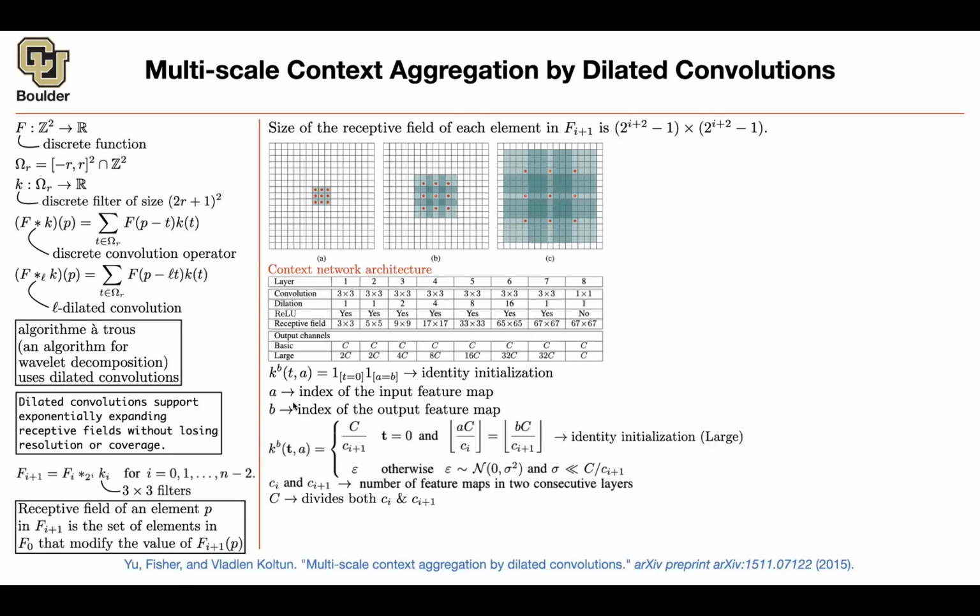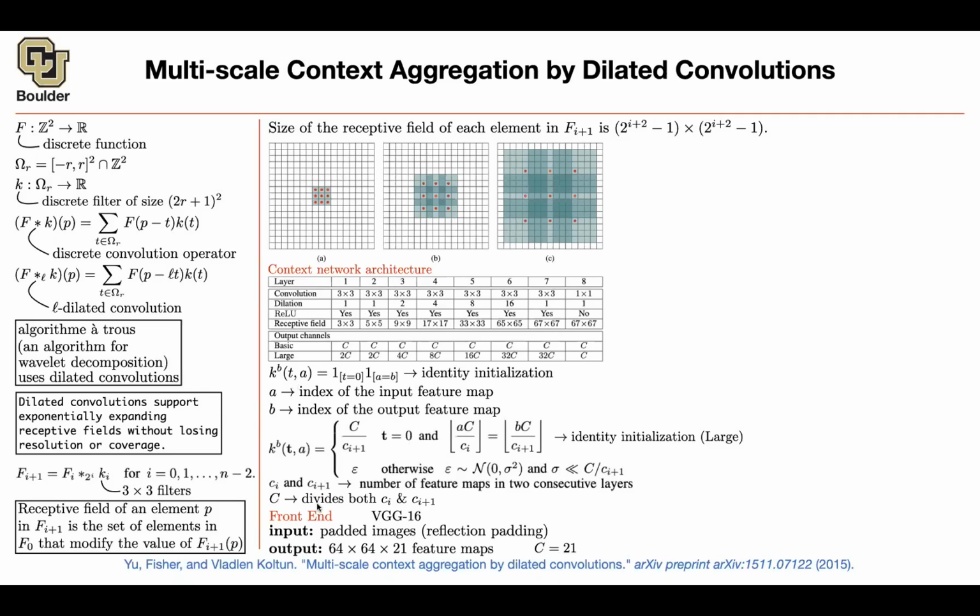Exactly. So these are scalars, and T is a pixel. T is two-dimensional, A is one-dimensional, because we have multiple input feature maps and multiple output feature maps. Exactly. Each feature map is a tensor. It has a bunch of pixels and it has a number of channels. But in the end, you're going to get an identity out of this kernel. Initially, that's your initialization, and you let it train.